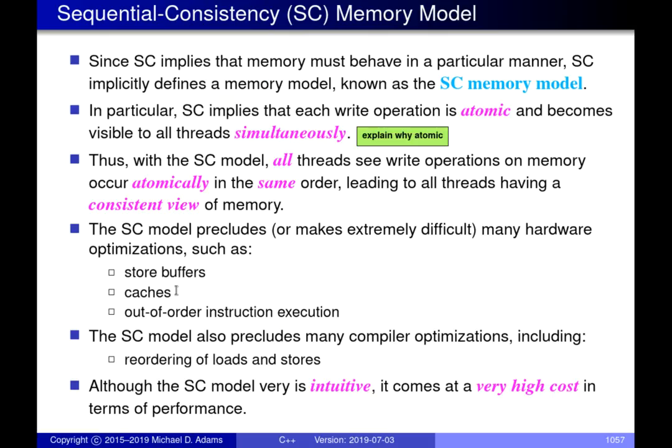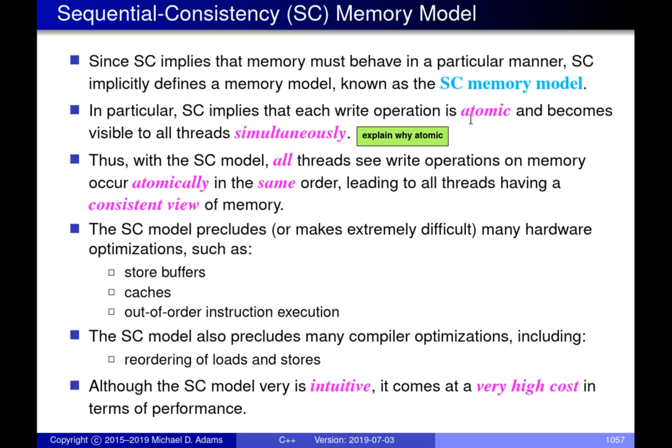So sequential consistency implies a particular memory model. There's a memory model associated with it. And essentially this memory model implies that all memory operations are atomic. This is because sequential consistency serializes the instruction stream. You're basically choosing one instruction from one thread to run, then another instruction from another thread, and another instruction from another thread, but only one thing effectively is really running at one time.